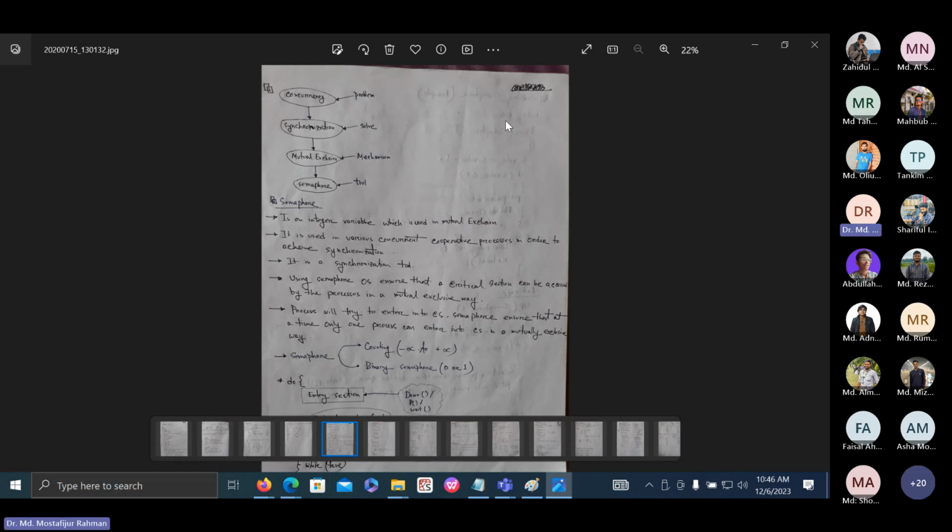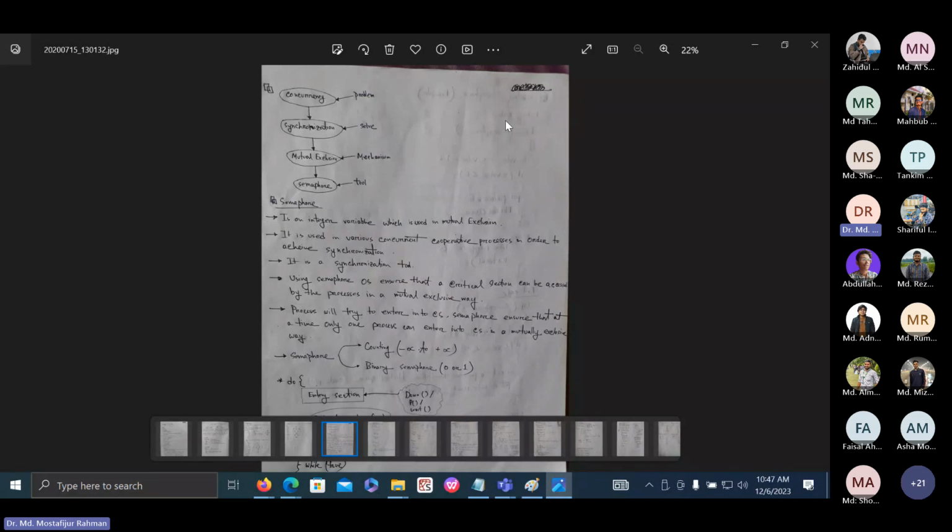I would like to discuss semaphore. A semaphore is an integer variable which is used in mutual exclusion. The second one is that it is used in various concurrent cooperative processes in order to achieve synchronization. To get the synchronization, this semaphore is used.